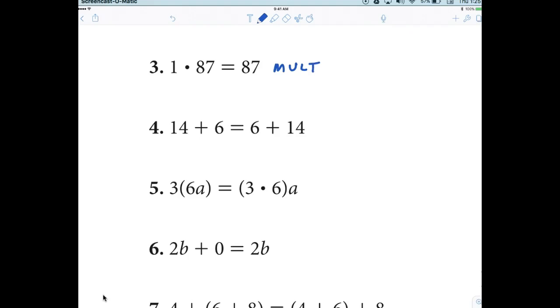It basically just means that if you multiply by 1, you get the same answer. Is everybody with me on that? Just like if you multiply by 0, you're always going to get 0. If you multiply by 1, you get that answer. You should know this.